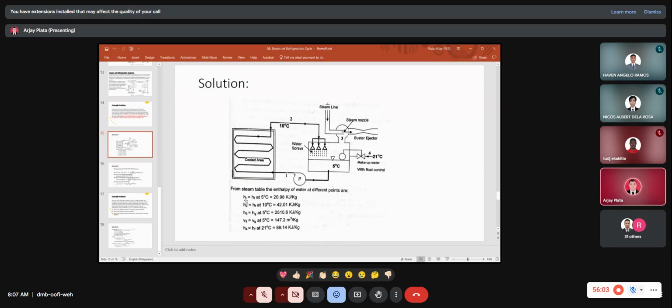So H1 is HF at 5 degrees. So we have a saturated liquid here at 5 degrees. H2 is HF at 10 degrees. So they are both liquid state, saturated liquid. Yung H3 natin is, yeah, it's a saturated vapor.